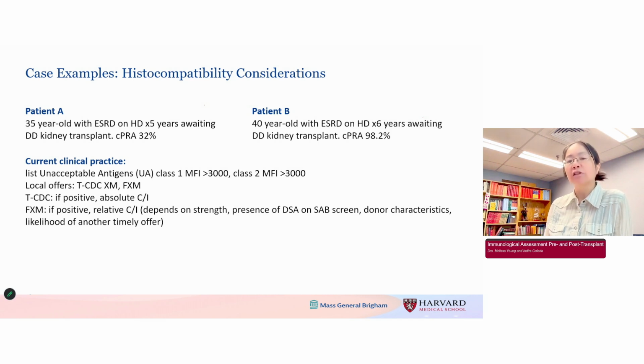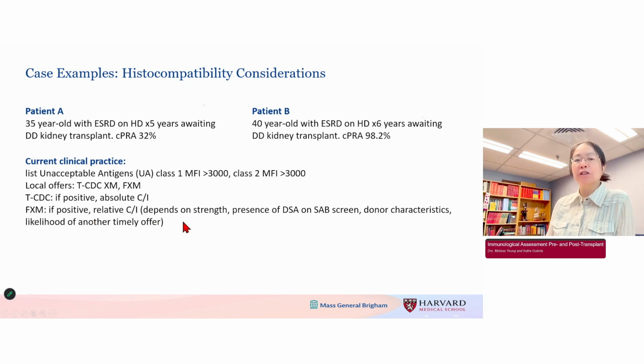And the reason for that is in the seminal paper by Paul Terasaki in the New England Journal, now more than 50 years ago, he showed that if you have a positive T-cell CDC, that means that your alloantibody profile is so reactive against that particular donor that if you put in a kidney, 80% of them are going to get hyperacute rejection and lose their allograft right on the operating table. So that's why that's an absolute contraindication, and that's why hyperacute rejection barely ever happens now because of the testing that we do in our lab.